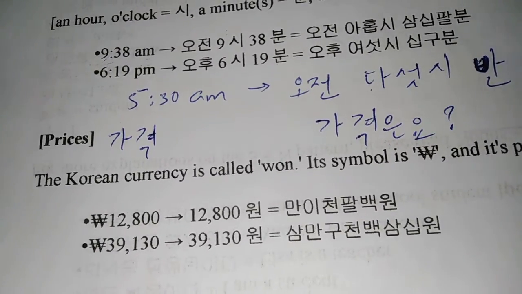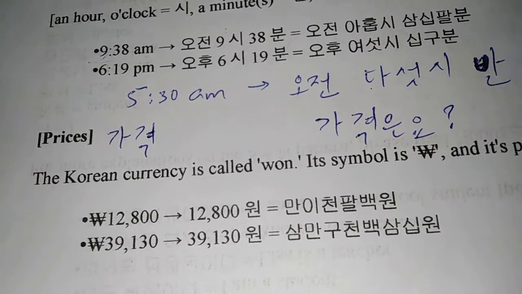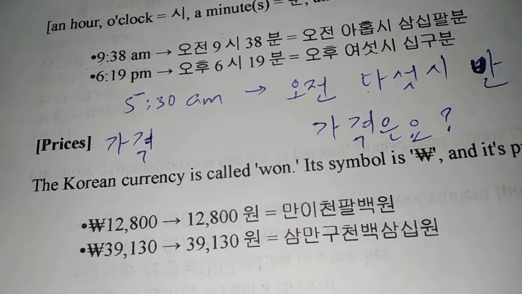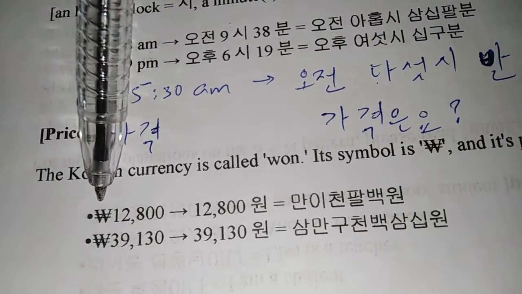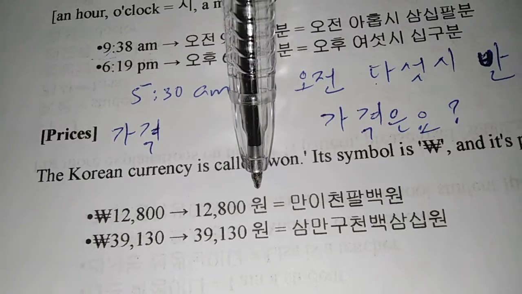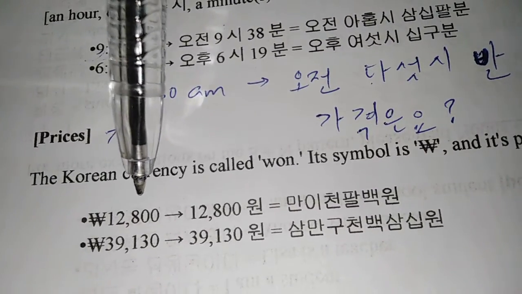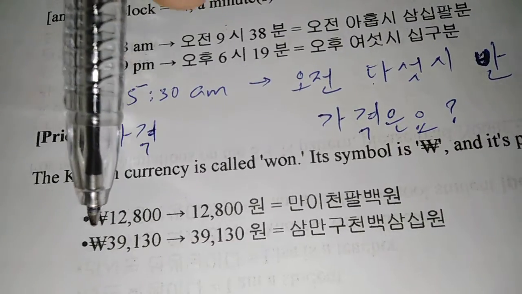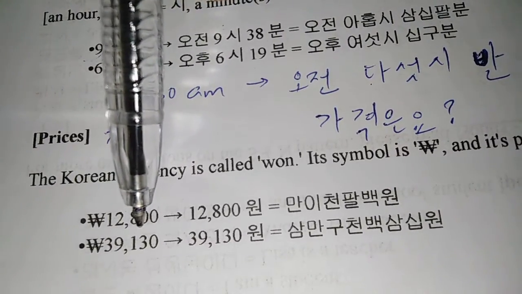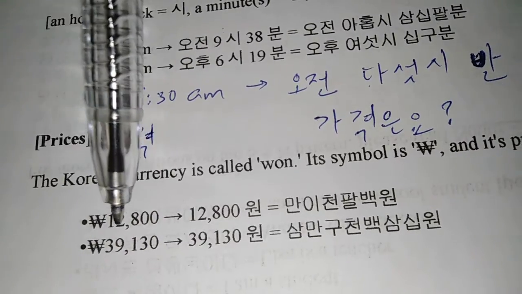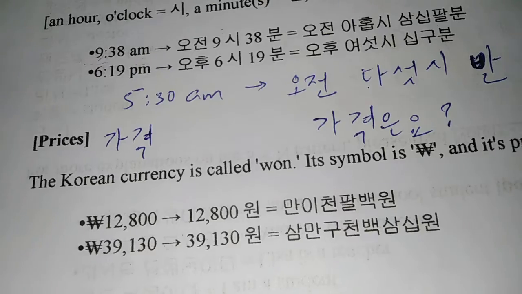You wouldn't say dollars 20 or dollars 22. That wouldn't be a normal reply. The same way, you will write the symbol first and then pronounce the won. So it would be 12,800원. The second one would be 39,130원. That's how it should work.